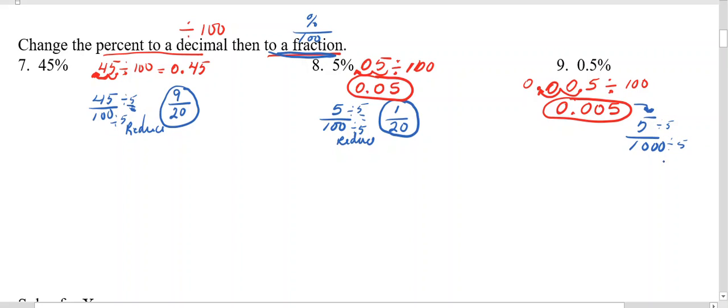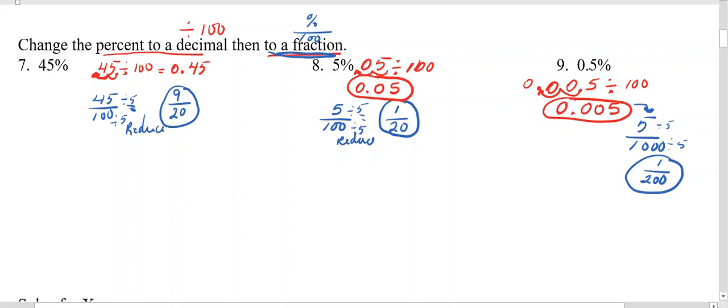So 5 divided by 5 is 1. 1,000 divided by 5: how many fives are in 1,000? There's 200 fives in 1,000. So my fraction is 1 over 200.